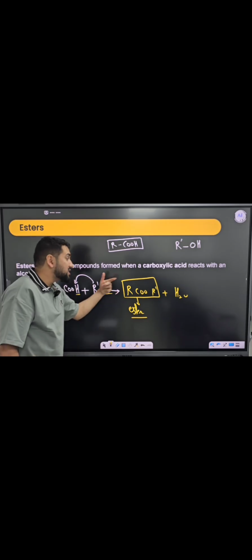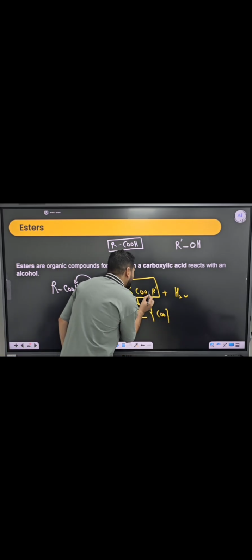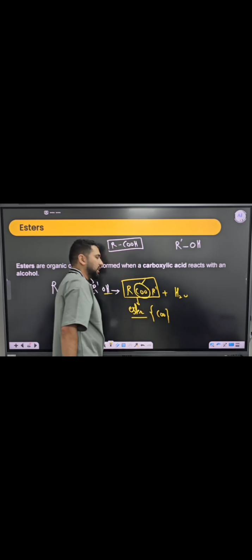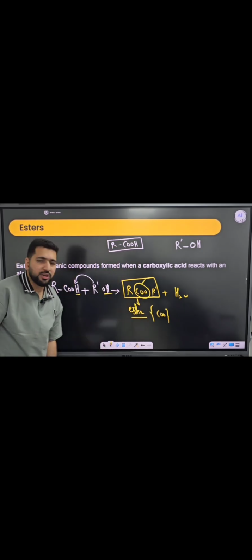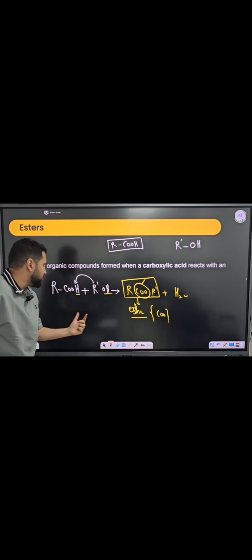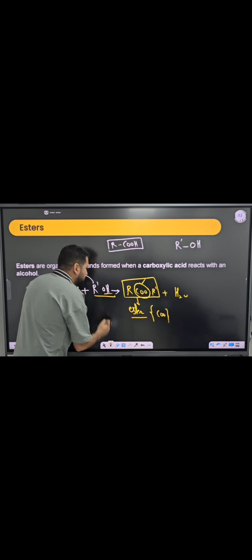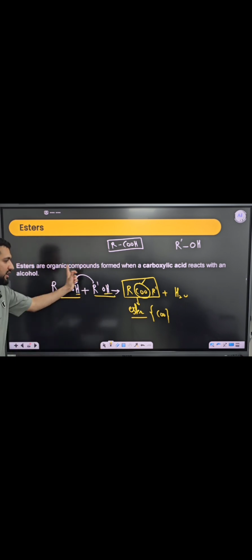And let me tell you, esters contain the COO group, right? Wherever you find COO, you can directly say that it is an ester. So esters are the compounds that are formed when there occurs a reaction between carboxylic acid and alcohol. What we will actually be getting is esters.